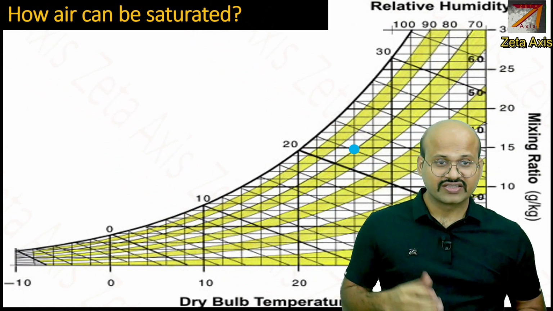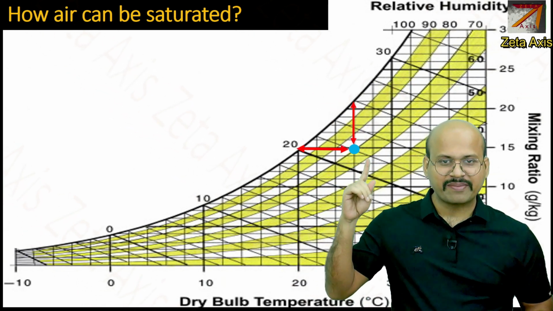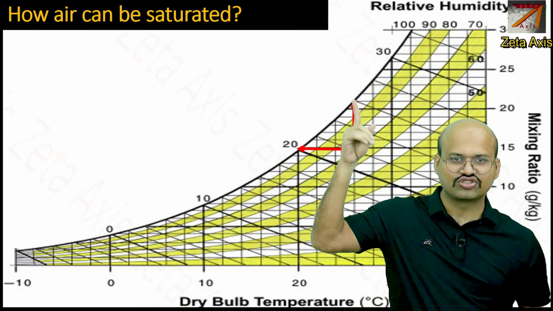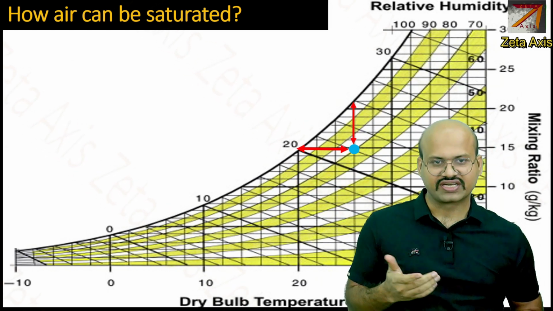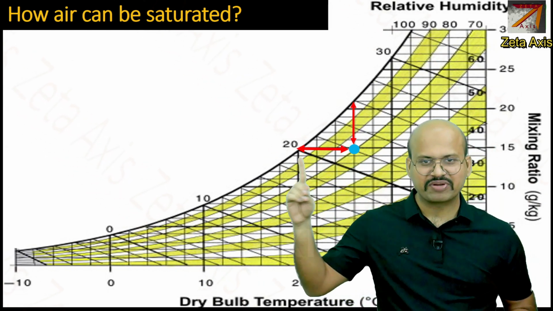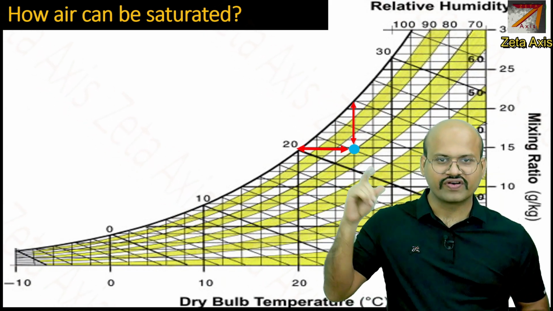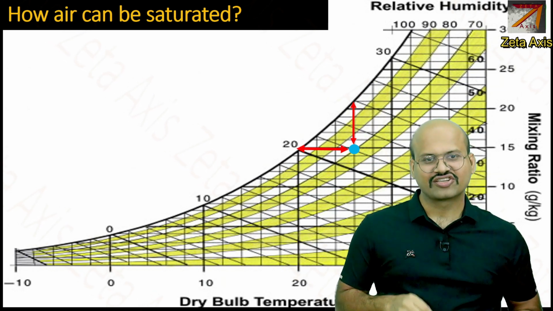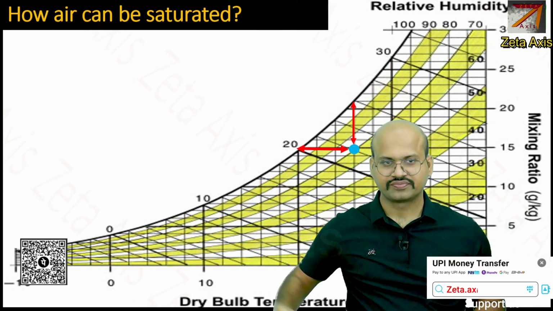The first is the amount of moisture could be increased or the temperature could be decreased. So either we can increase the amount of moisture and reach over here to cause condensation of moisture in the air, or we can decrease the temperature of the air. So these are the two mechanisms which should occur if our air is over here. Basically, for the condensation of moisture to occur, it should be on this line.